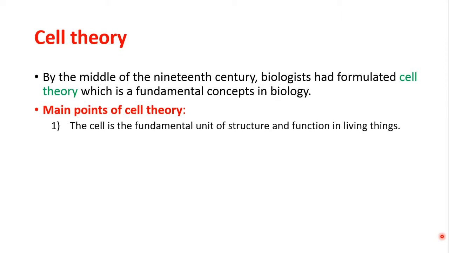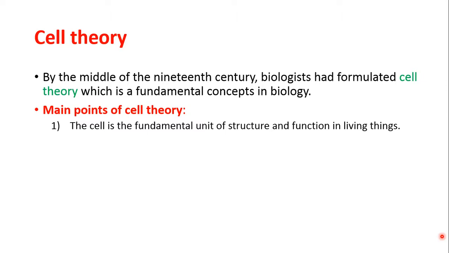First, the cell is the fundamental unit of structure and function in living things. It means that a cell is a basic unit, it makes a structure, and it makes a whole living body. All living things, including unicellular, colonial or multicellular, are made of one or more cells.